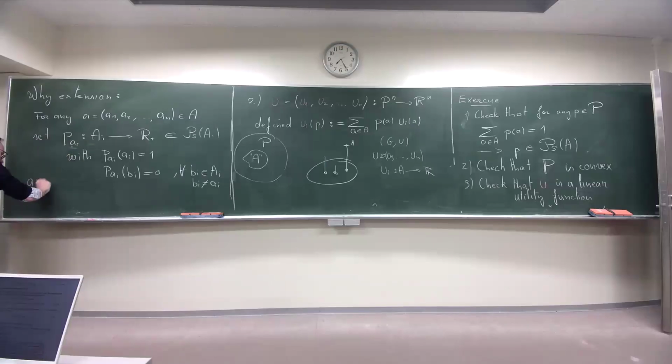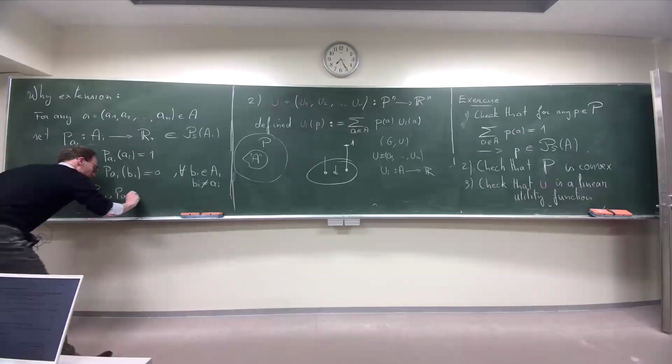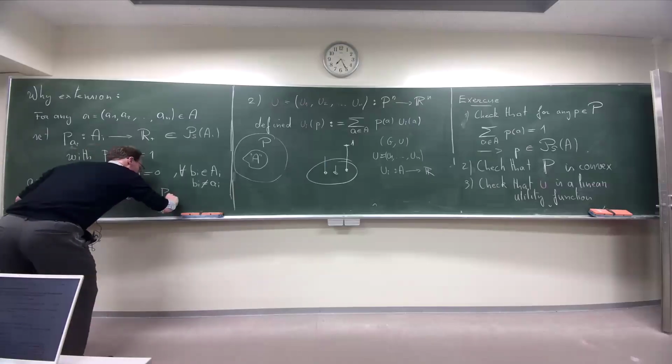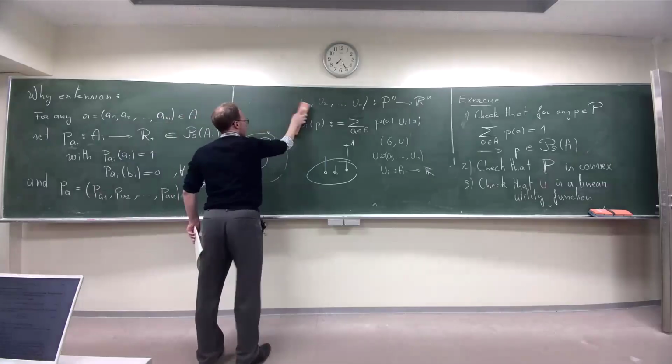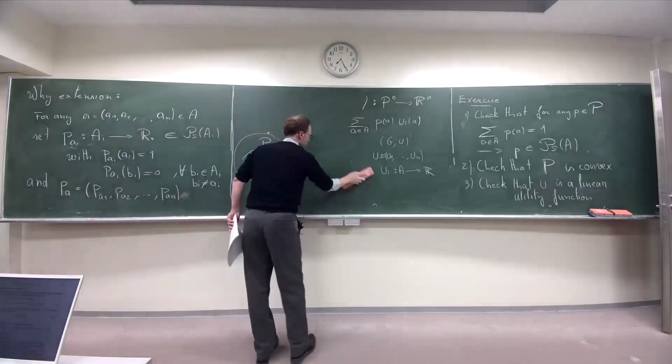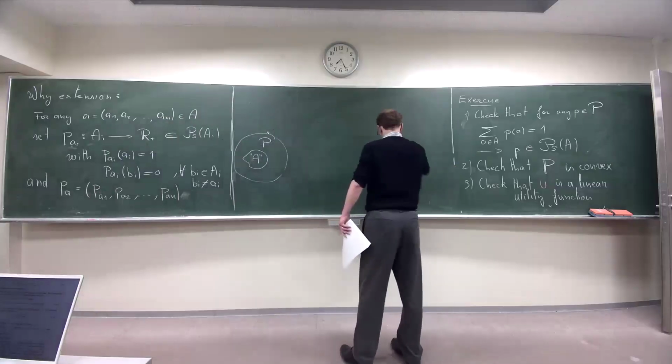And now I define p_a simply as this function p_{a_1}, p_{a_2}, up to p_{a_N}. And observe this function, what is the value of this function? Again, it's like a Kronecker delta.